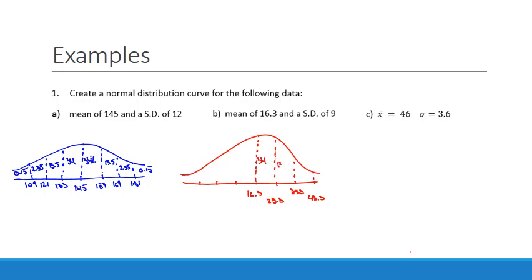34, 13.5, 2.35, 0.15. All right, now I have to start subtracting 9. So I'd get 7.3. I get negative 1.7 if I subtract 9 again, and subtract 9 one more time, negative 10.7.